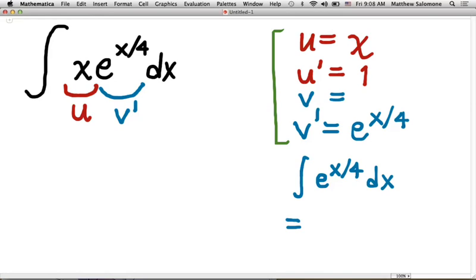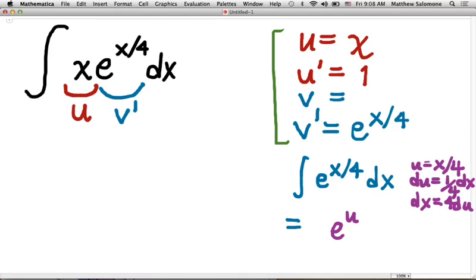Your substitution went something like u equals x over 4, so that du is equal to 1/4 dx, and so dx is equal to 4 times du. And this integral becomes the integral of e to the u times 4 du. And what's the antiderivative of e to the u?